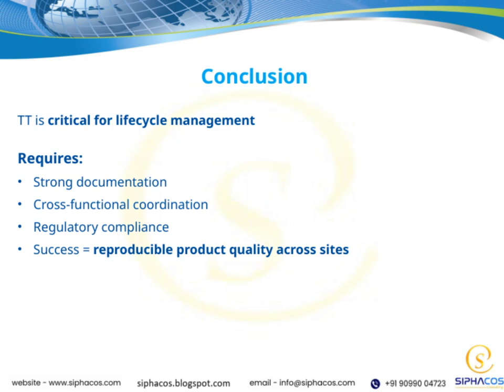That means no matter where the product is made, it maintains the same high standards, which is ultimately what we all want. So, in summary, focusing on these core areas, solid documentation, teamwork across functions, and strict adherence to regulations, really underpins effective lifecycle management and helps us deliver consistent, high-quality products.